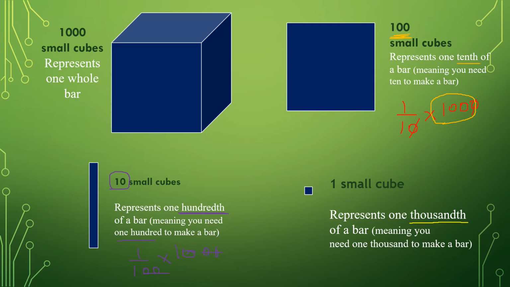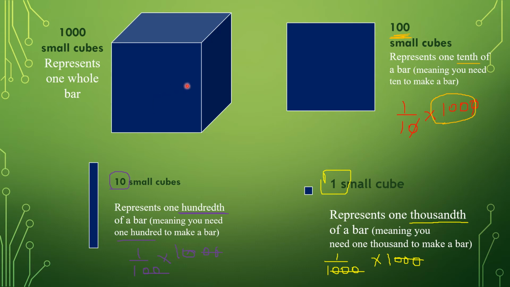The reason is it is 1 by 1000 of the complete bar. So 1 by 1000 multiplied by 1000, if you cancel these three zeros, will give you 1 only. That is why this block will represent the 1000th part.